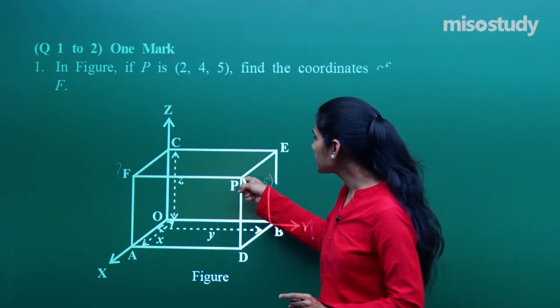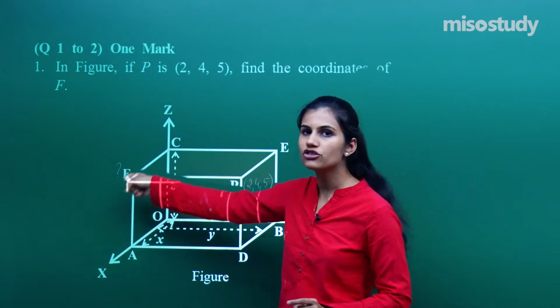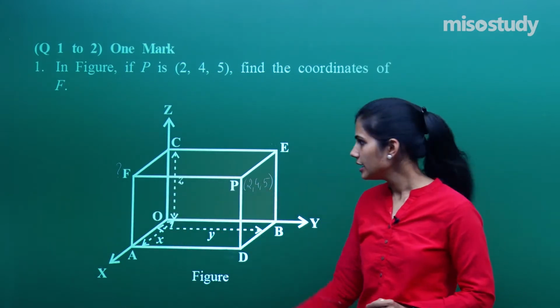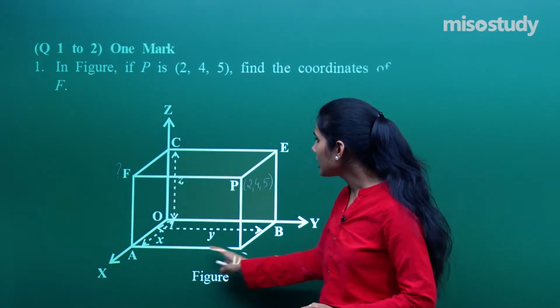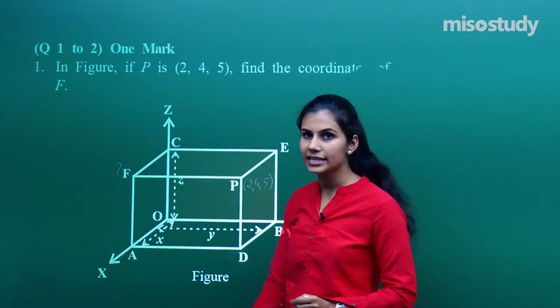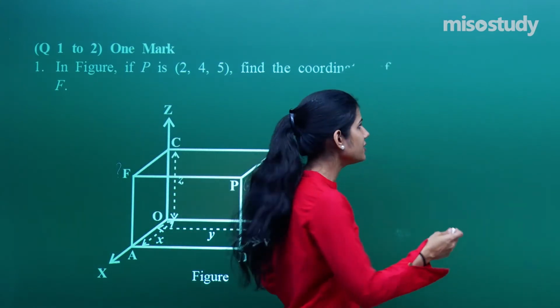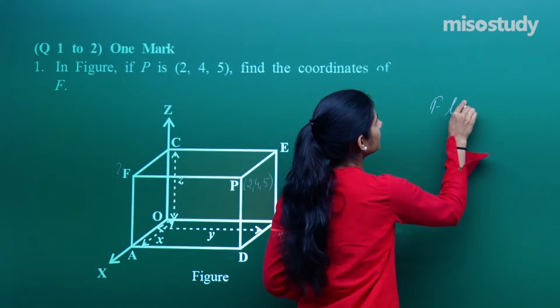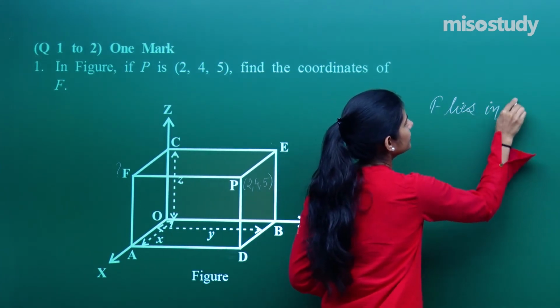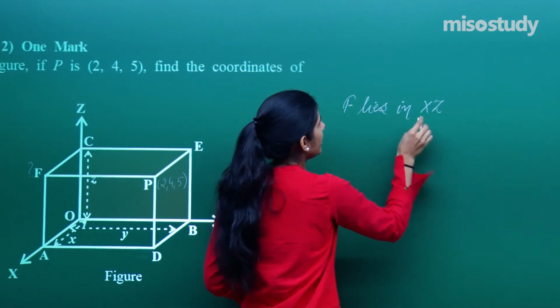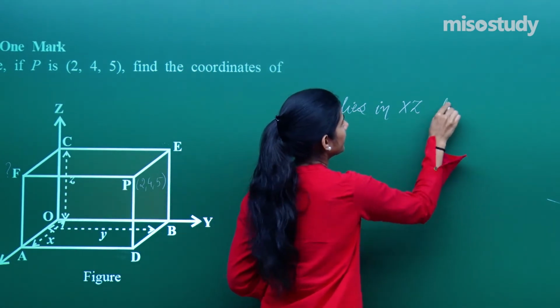If you carefully observe, F and P are lying on a straight line, isn't it? In fact, point F is lying in the xz plane.